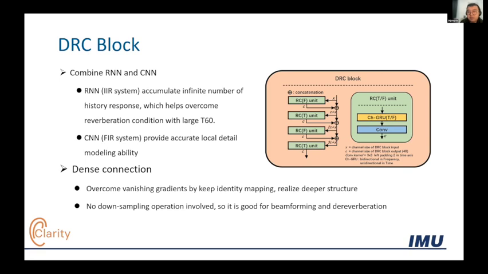Moreover, dense connection enables such a deep RNN network with smooth gradient transmission. In addition, as there is no downsampling operation in the dense block, as we have introduced, it has good spatial directivity and can process reverberation more effectively.